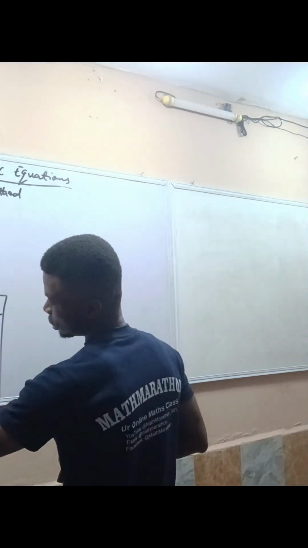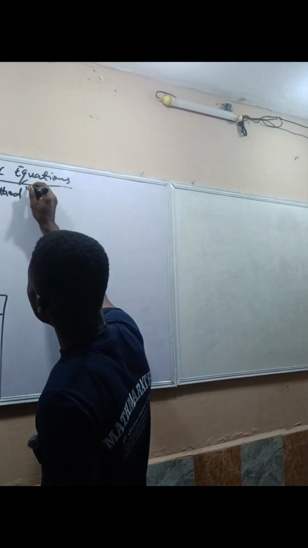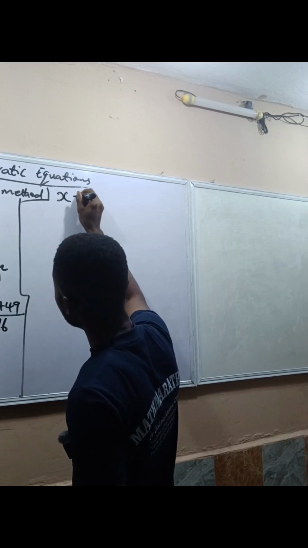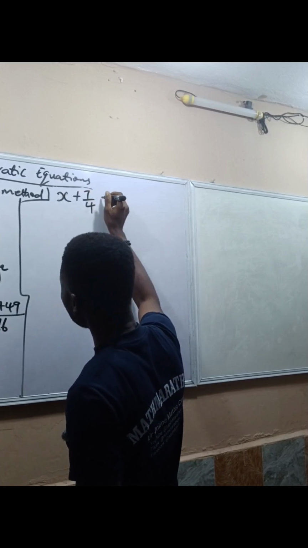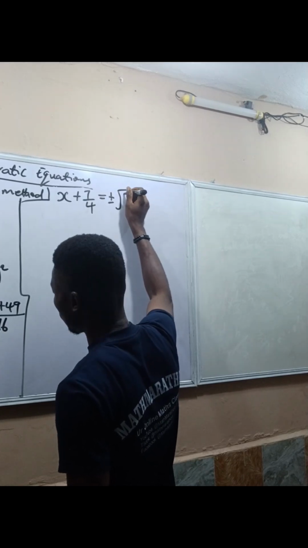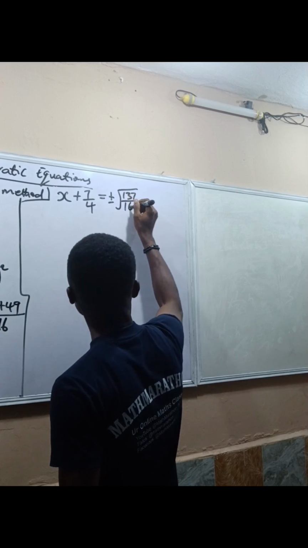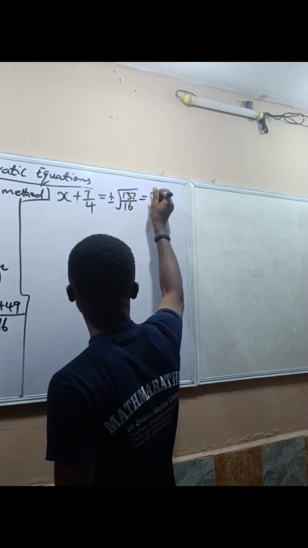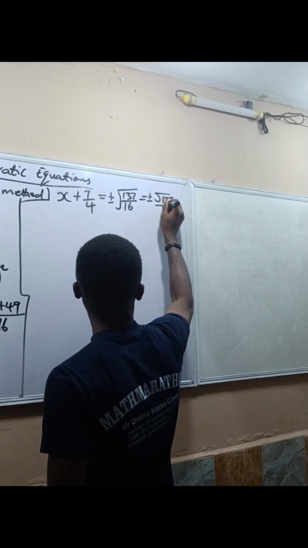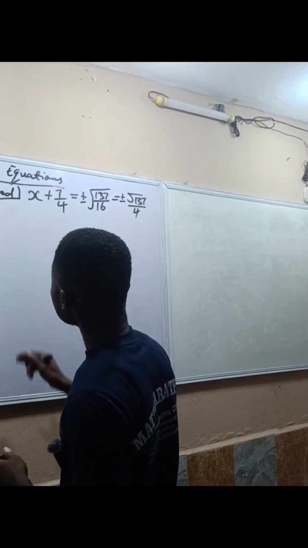And now, the next thing is we move this 7 over 4 to this side. First of all, what was here is x plus 7 over 4 is equal to plus or minus square root of 137 over 16. And this will give us plus or minus square root of 137 all over 4, for square root of 16 is 4.